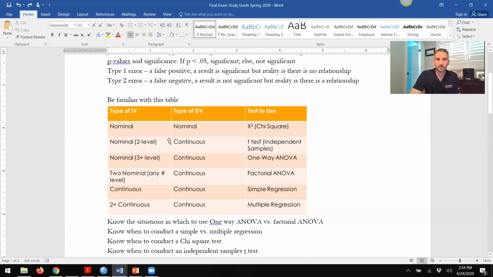Now, I pasted this table in here. It's directly from the slide deck, and I mentioned this. We haven't talked about this first line. The nominal is a chi-square, but I did mention that I do want you to know that if you have an independent variable that's nominal and a dependent variable that's nominal, just be able to know that you're going to use a chi-square.